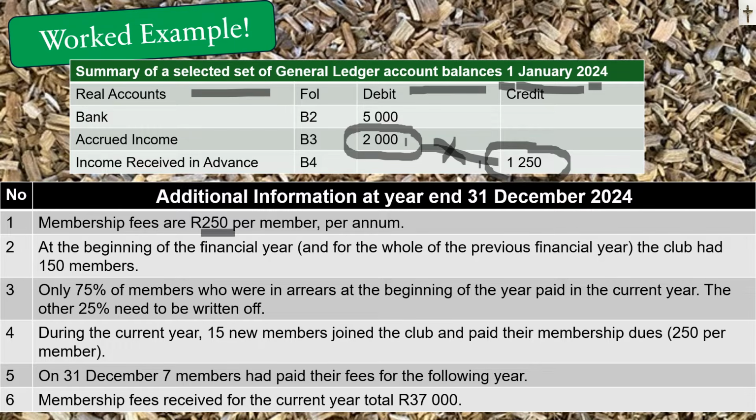Membership fees, every single question, very similar. They say it's 250 Rand per member per annum. How many members were there? 150. They say 75% of members who were in arrears, so that's 75% of the 2,000. These people accrued income, owing income, they were in arrears.